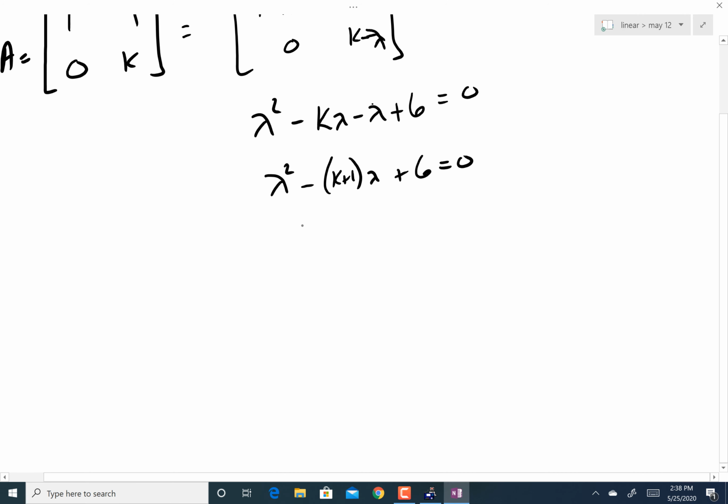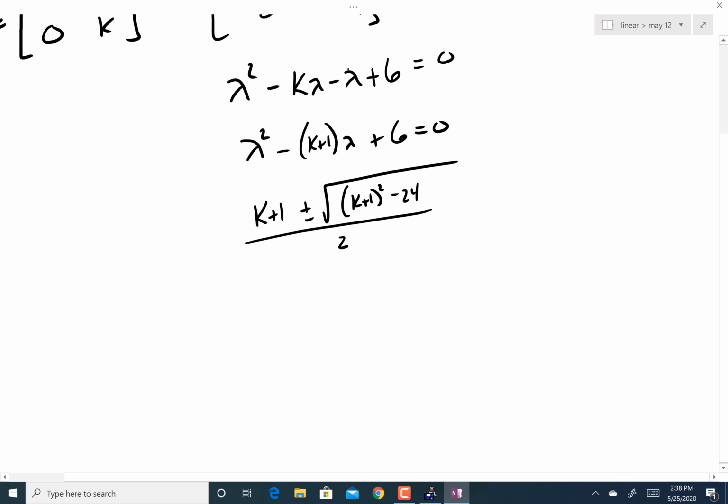And so if you were to use the quadratic formula, it would be the opposite of B. So K plus 1 plus or minus the square root of K plus 1 squared minus 4 times 1 times K, over 2, I believe.